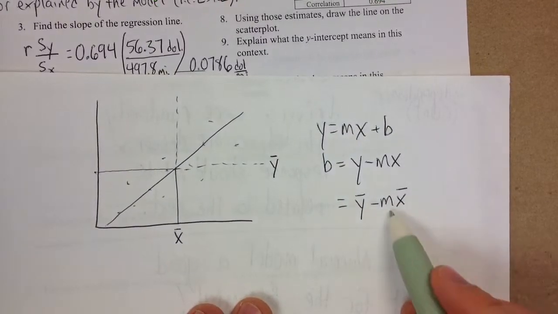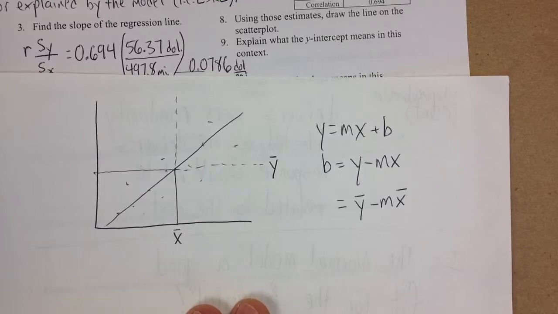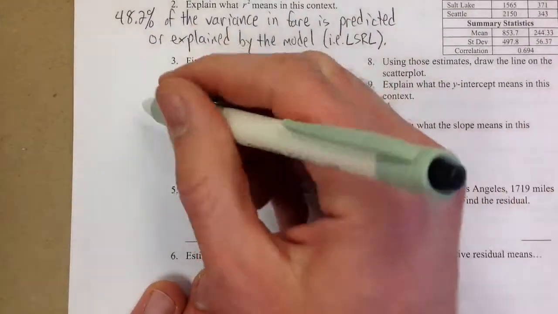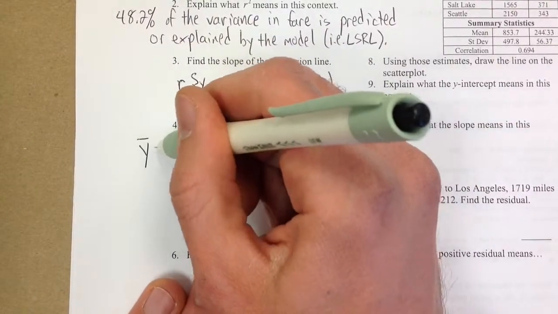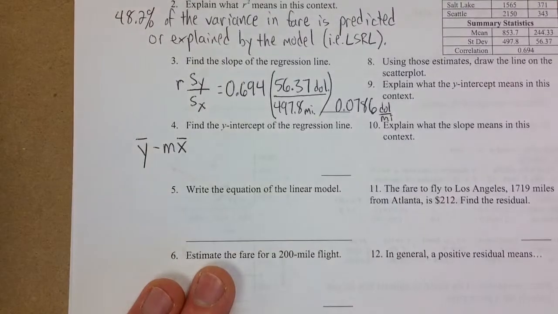And you have already calculated the slope. So that's how you find the y-intercept of the least squares regression line. Again, no standard for the symbol for y-intercept. I've seen b sub 0. That's a common one.